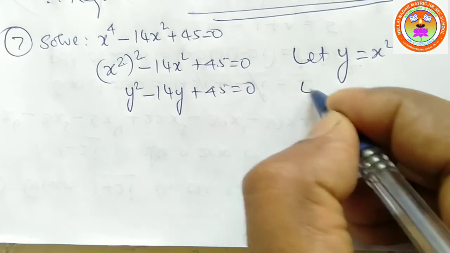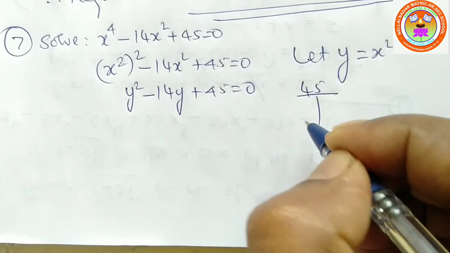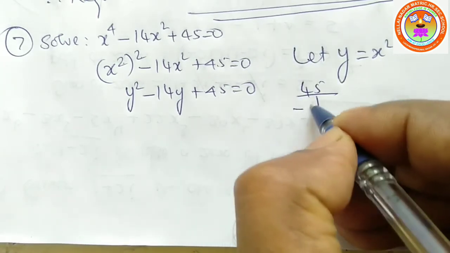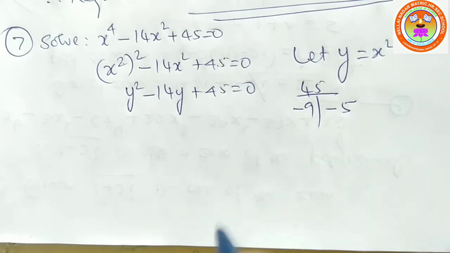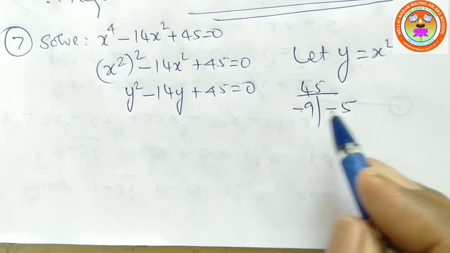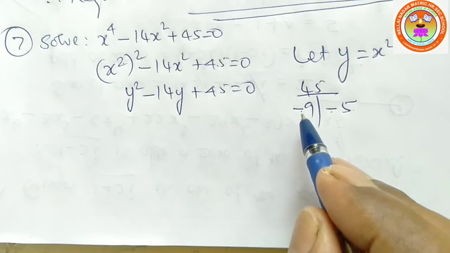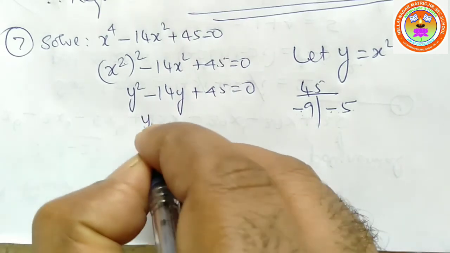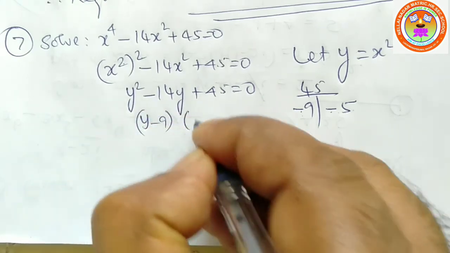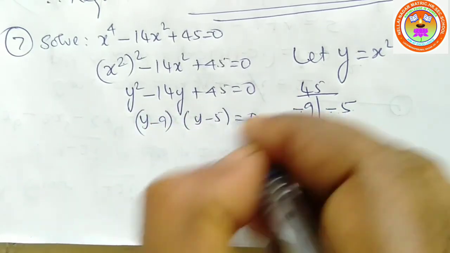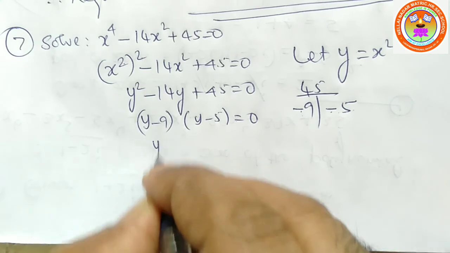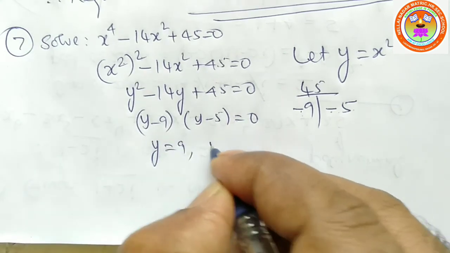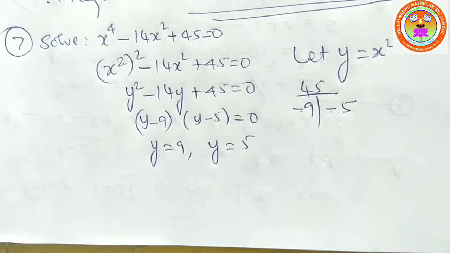Product 45, sum 14. The only possible numbers are minus 9 and minus 5. Minus into minus plus, 9 fives are 45, minus 9 minus 5 is minus 14. So y minus 9 into y minus 5 is equal to 0. That means y is equal to 9 as well as y is equal to 5.